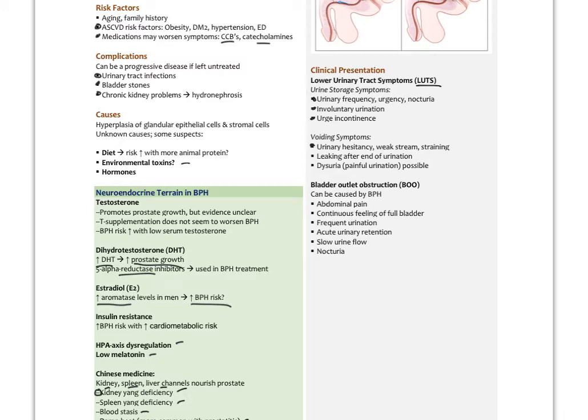So that's pretty much rarely present unless there's maybe some underlying infection or passing bladder stones or something like that going on. Bladder outlet obstruction, we use the abbreviation BOO, can also be caused by BPH. So as the prostate enlarges, it squeezes off the urethra, urine builds up in the bladder, and so we can get abdominal pain from that, a feeling that after urination, there's still fullness or pressure in the lower abdomen.